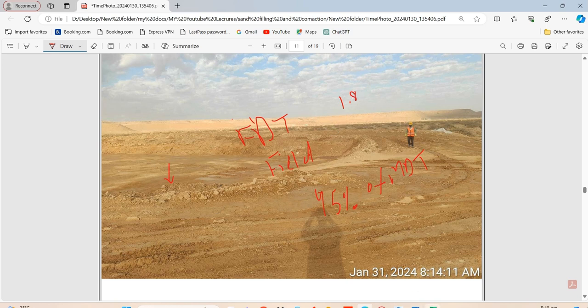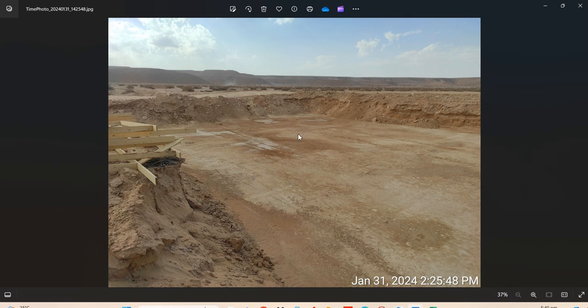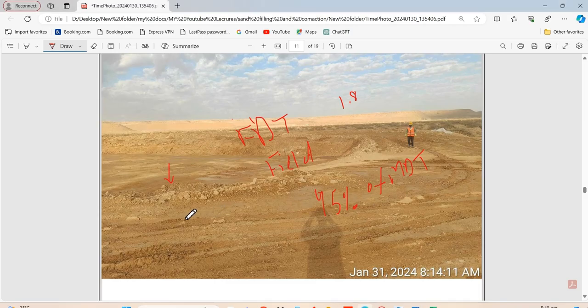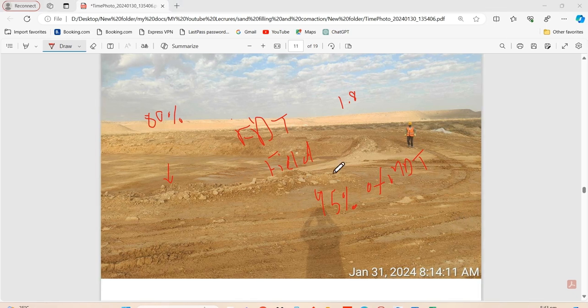Once we applied our FDT test on this site, our percentage value came out to be around 80%. So this means that our test failed.